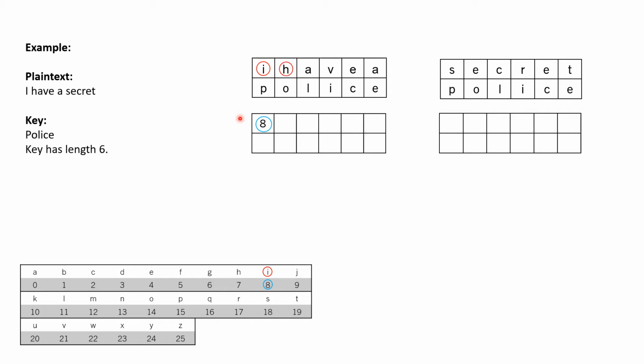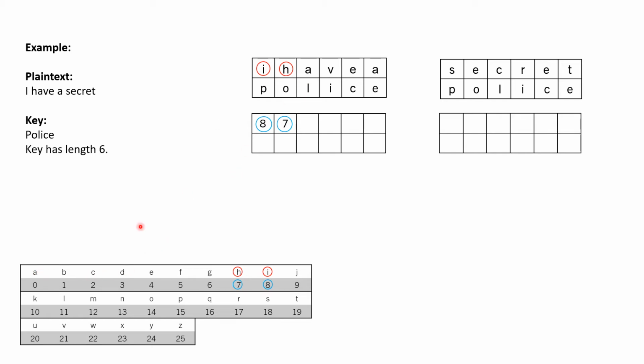We look at our second character, letter H, and we go back to our table. We see letter H corresponds to number 7. And again, we populate the second cell with number 7. We can do the same for the rest of the characters. If you want to, you can pause the video and think what numbers are going to go to each cell.